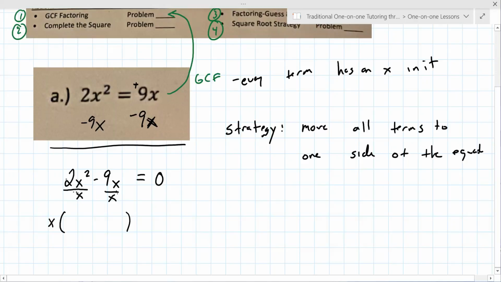So what is 2x squared divided by x? I'm asking you, Sourish. If you're not sure, then let's look at the other one, 9x divided by x. That's 9.